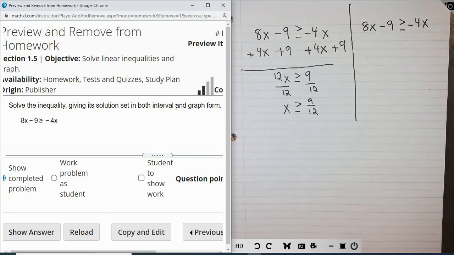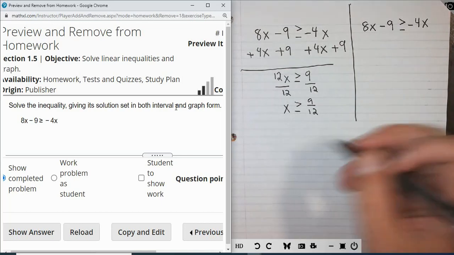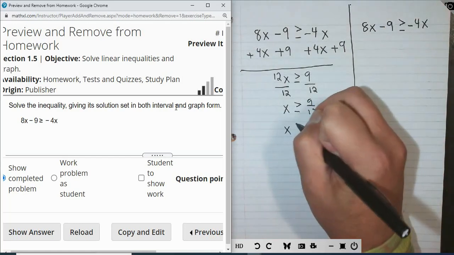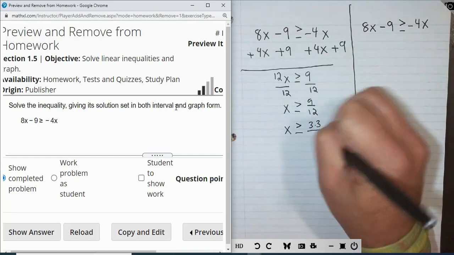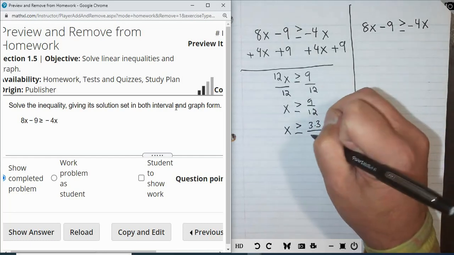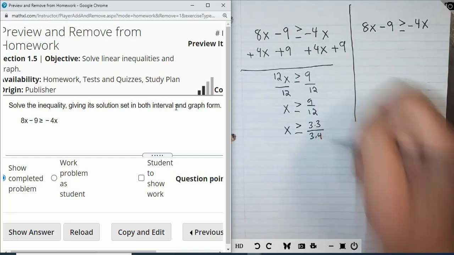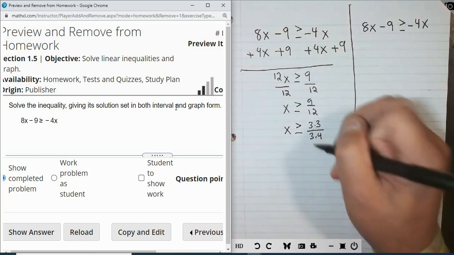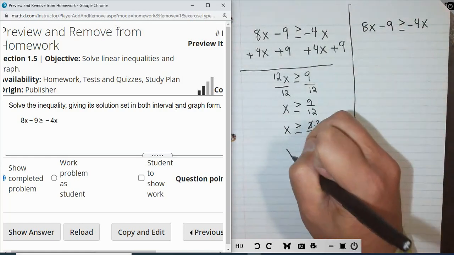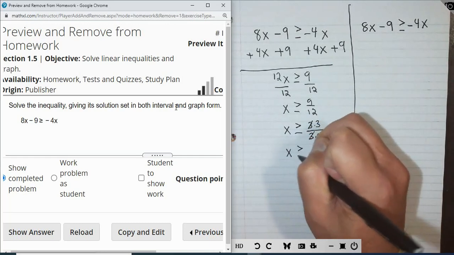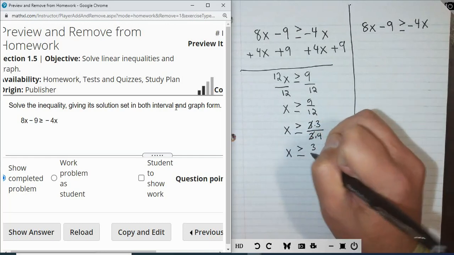That is to cancel out any common factors. So let's rewrite 9 as 3 times 3, and then let's write 12 as 3 times 4. And then our common factor of 3 would cancel out here. So what we would end up with here is x greater than or equal to 3/4.